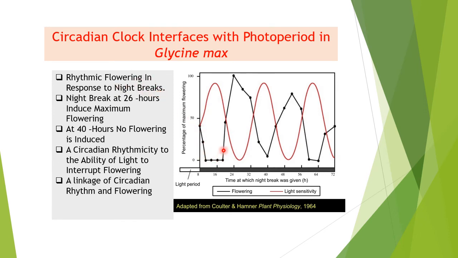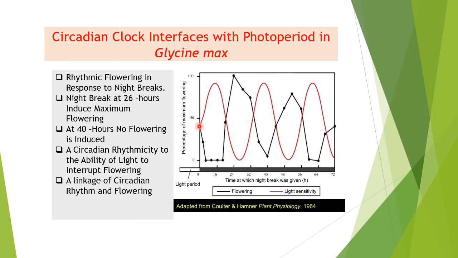This black line depicts the rhythmic flowering response to night breaks. Night break at 26 hours, that is here, induces maximum flowering. At 40 hours, no flowering. A circadian rhythmicity to the ability of light to interrupt flowering. A linkage of circadian rhythm and flowering is there.